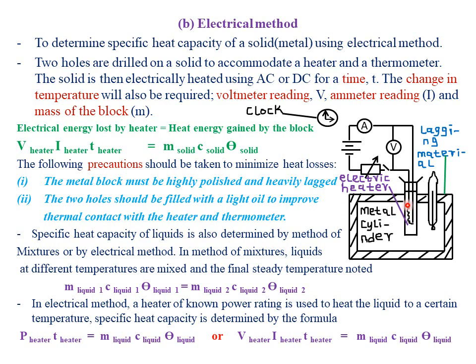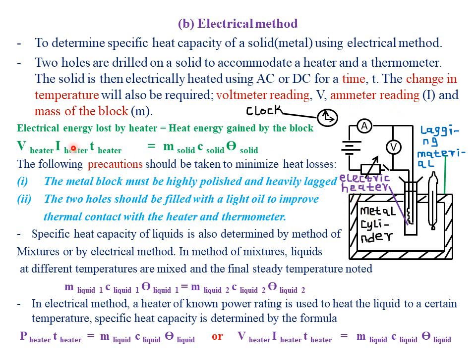Once we set up that apparatus, we use the law of conservation of energy, which requires that all the heat that is lost must be equal to all the heat that is gained. That is provided that no energy is lost to the immediate environment, which is why we are lagging our metallic cylinder.